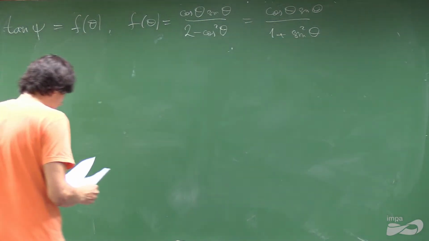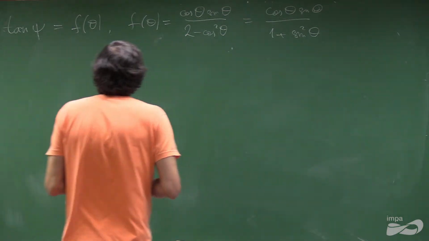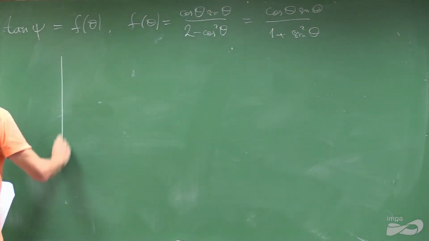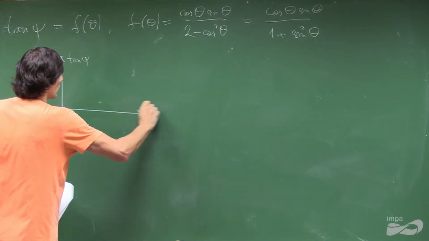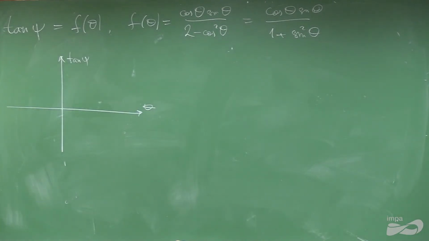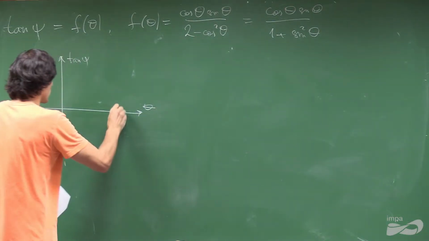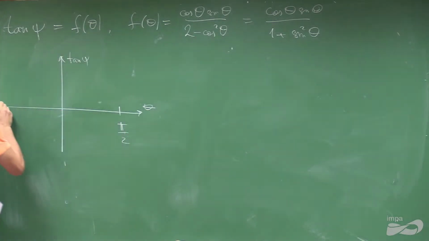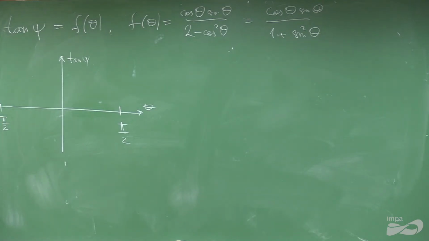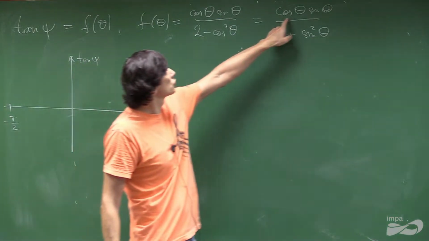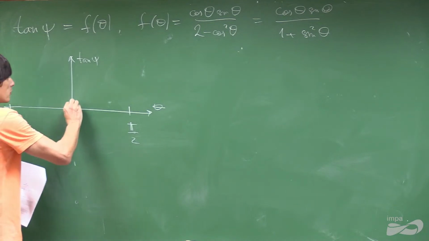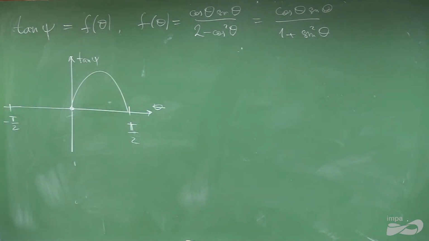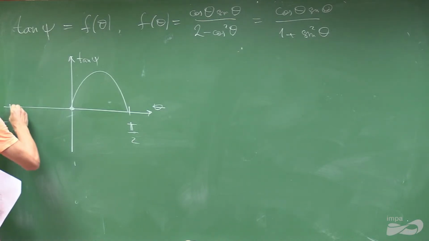So now we draw what this function is. Our interest is between the angles pi over 2 and minus pi over 2. In both places, pi over 2 and minus pi over 2, cosine is 0, so this is 0. And also it's 0 at 0. So there will be one branch positive, another branch negative.